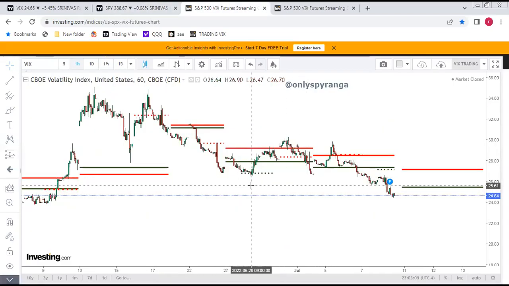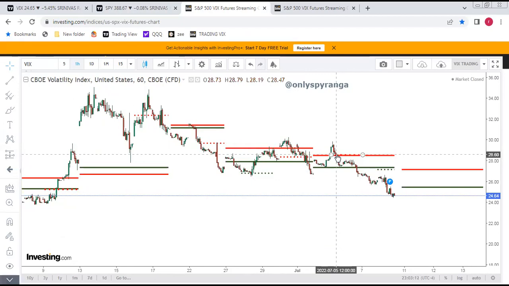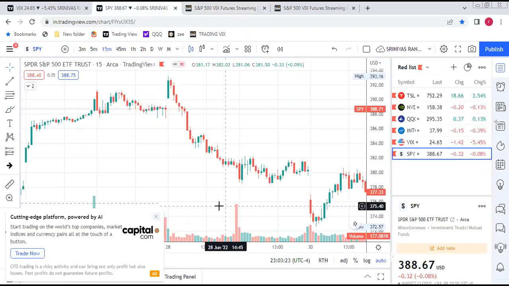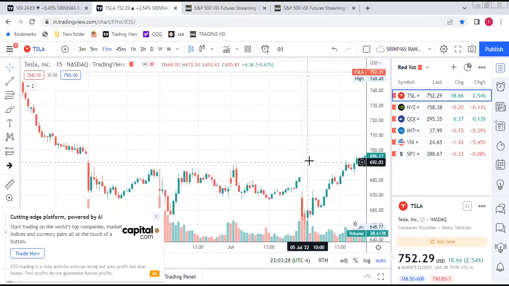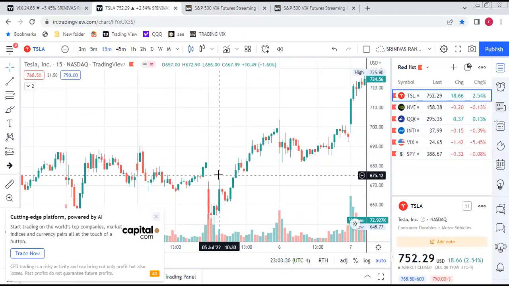See here, sir. Actually, here we got a sell, sir, on 5th. This is the intermediate supply zone. On 5th, we got a sell in VIX, and when we get a sell in VIX, you can trade Tesla. Okay. Right. On 5th, what happened, sir? See, on 5th, where is it?